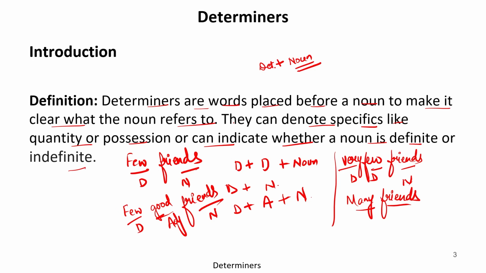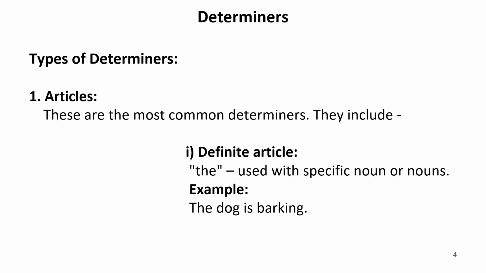So, as we have already learned a chapter that is article, in that case, we learned that a noun can be definite or indefinite. And for that, we use articles. Similarly, articles are parts of determiners only. Well, let's discuss this thing also.